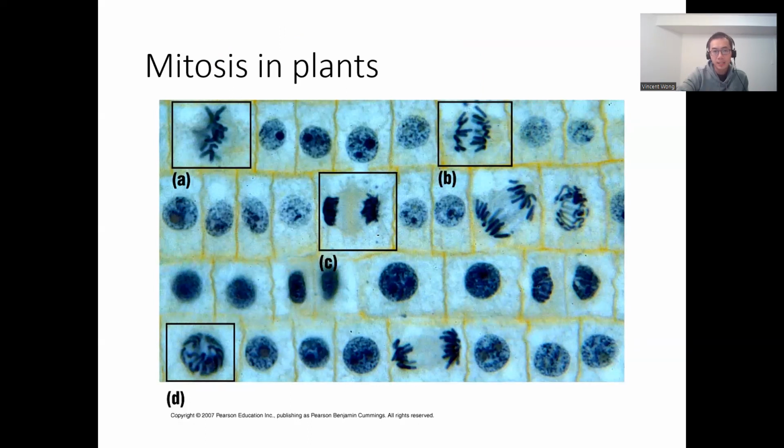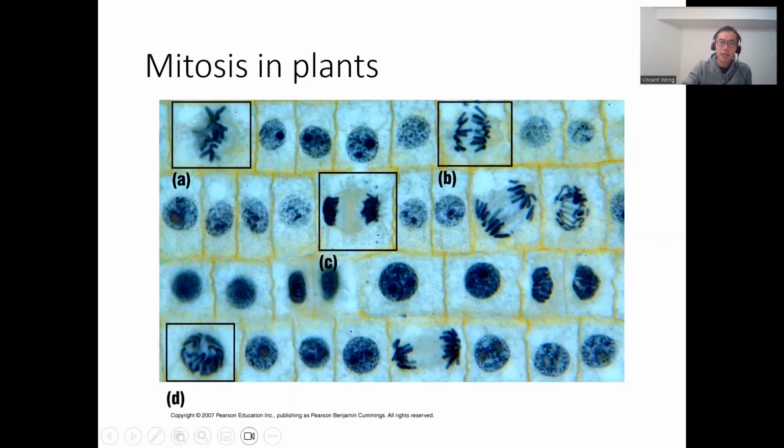So this is onion cells, the root tip of onion cells. And we want to identify the phase of mitosis that we're looking at. What do you think this one is? Help me out. Is this prophase, metaphase, anaphase, or telophase? What's going on? That is good, metaphase.